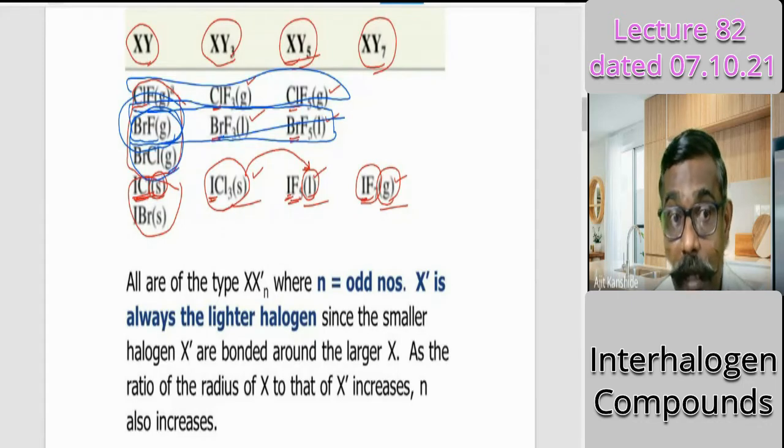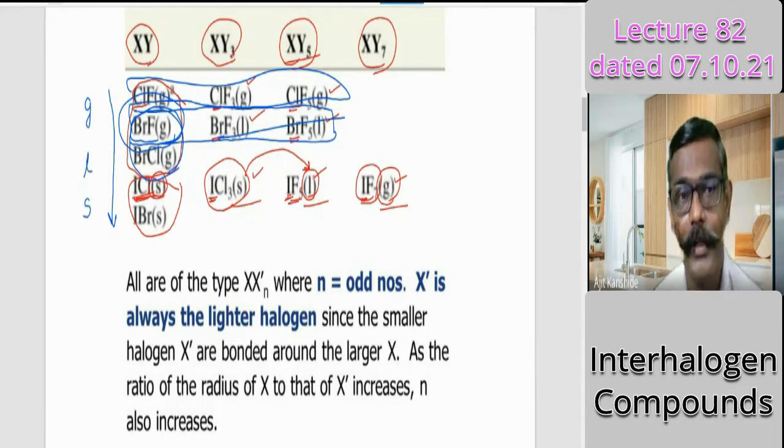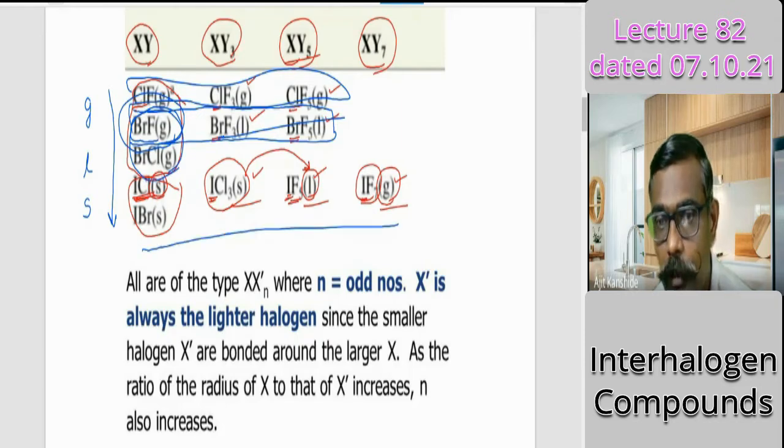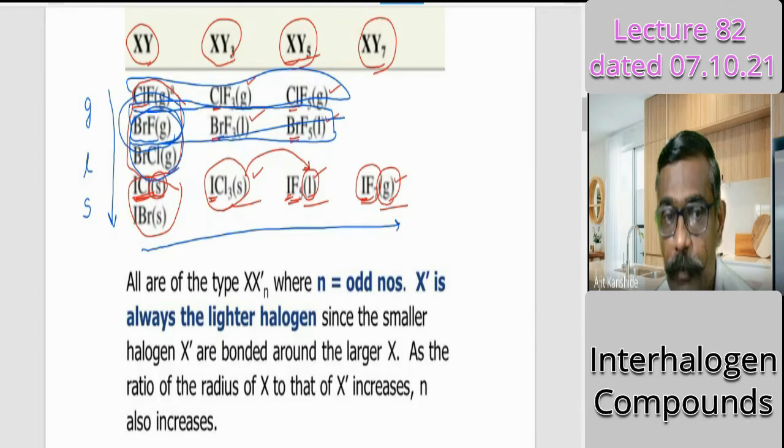But as we go from top to down, the shift may be from gaseous to liquid to solid. As we move from left to right, meaning peripheral atoms are increasing, the shift may be from solid to liquid to gas.